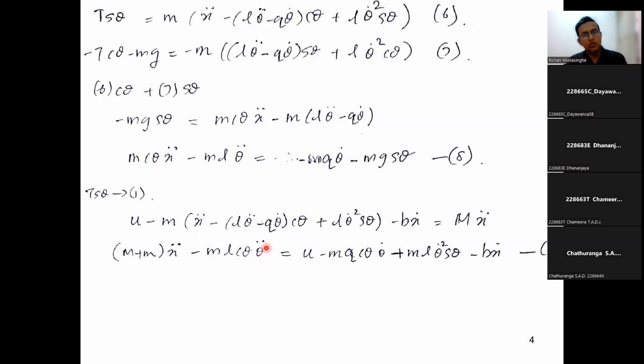somewhat similar to state space, but not quite, right? Now what is x? X is the cart position, and that is an important variable. What is x dot? Cart velocity. That is also very important.